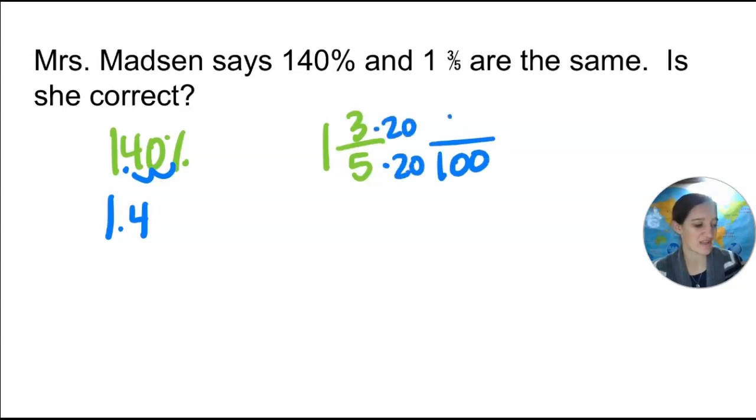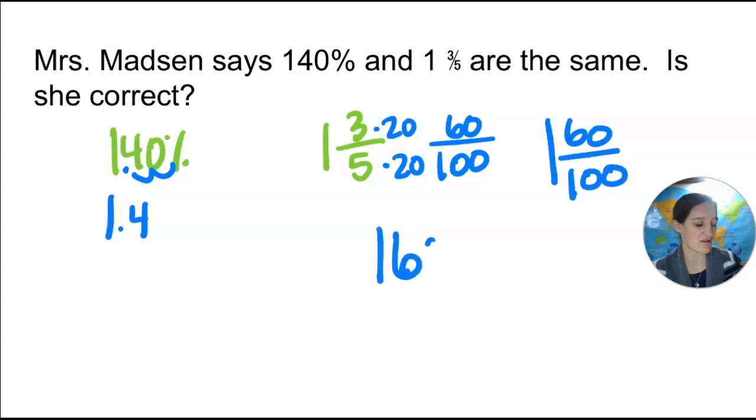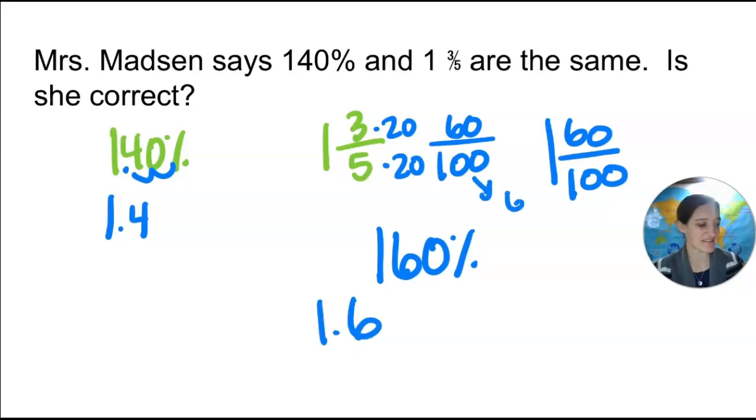That'd give me 1 60/100ths, which would be 160%. Oh, look at that, 160%. It is not the same as 140%, is it? I could have also seen that 60/100ths can simplify to 6/10, and 6/10 is 0.6 as a decimal.